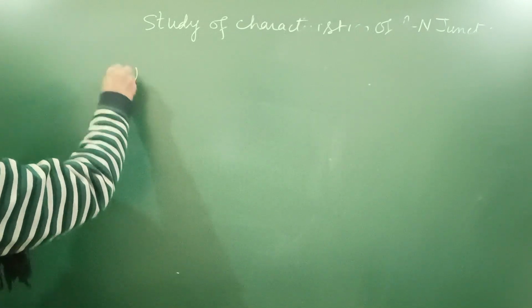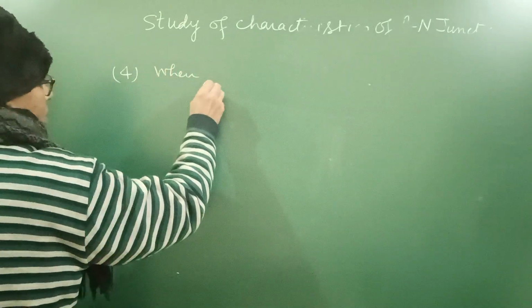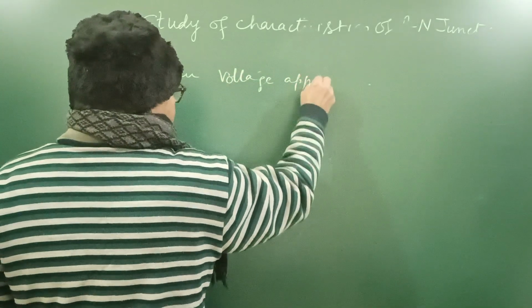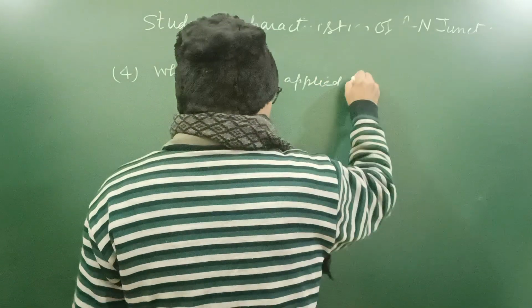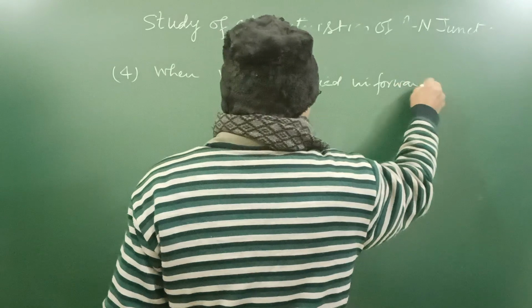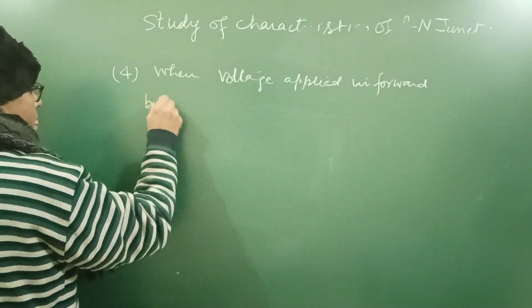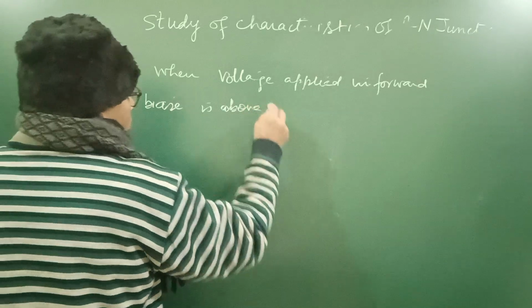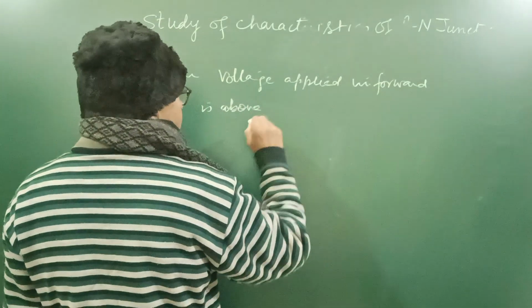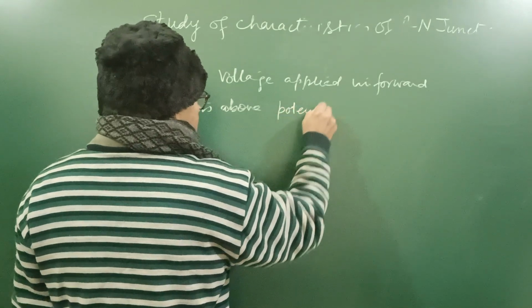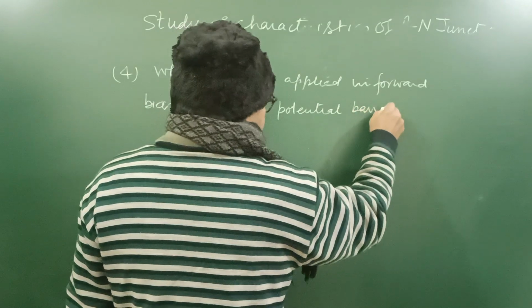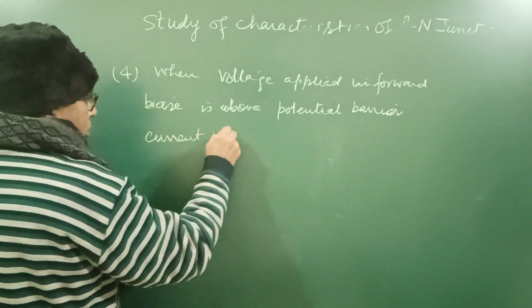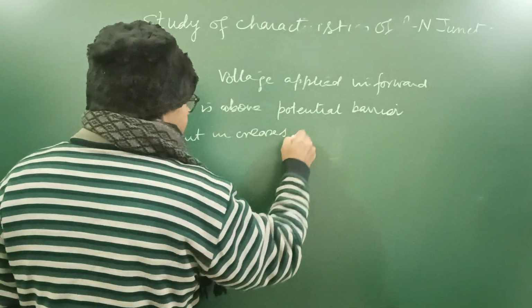Number 4: when the voltage applied in forward bias is above the potential barrier, current increases rapidly.